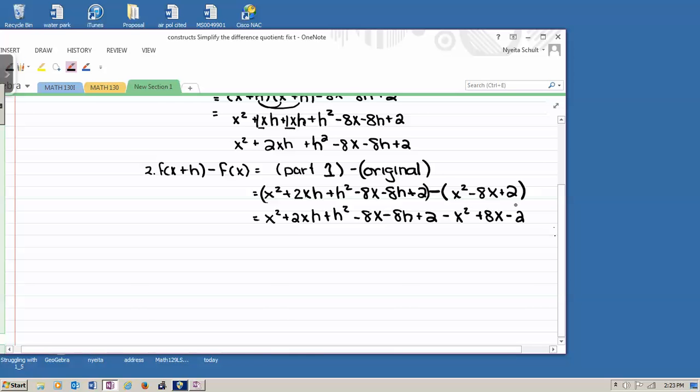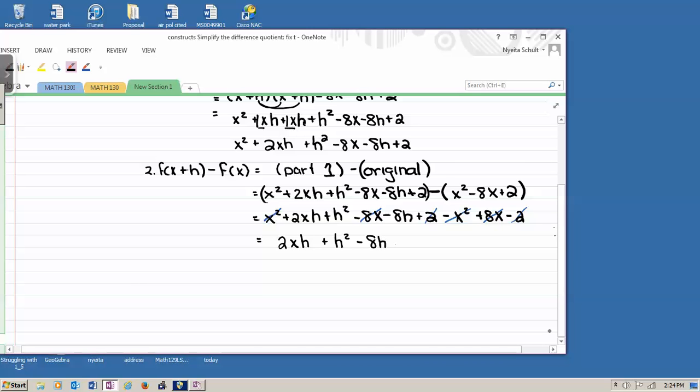The minus 2 and the plus 2 are gone. The positive 8x and the negative 8x and the negative x squared and the positive x squared. What's left will be terms that have an h in them. So I've got 2xh plus h squared minus 8h. At this point, if you still have terms that don't have an h in it, then you've done something wrong in this step.